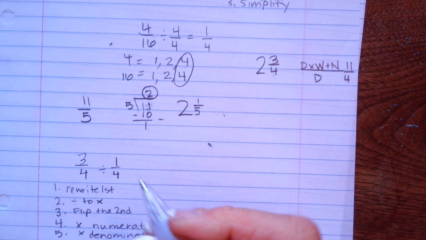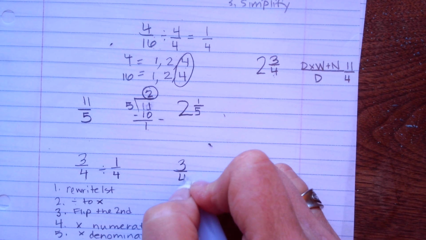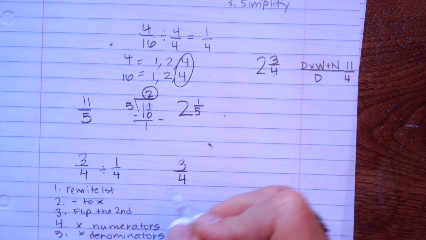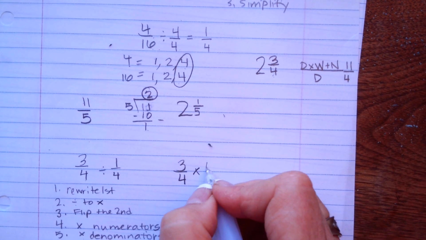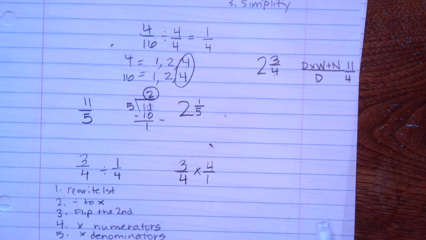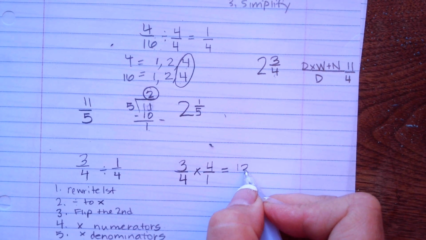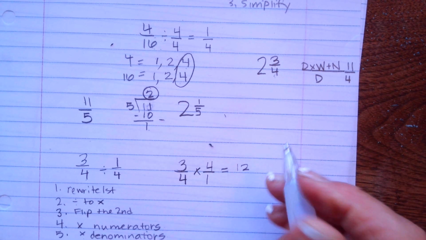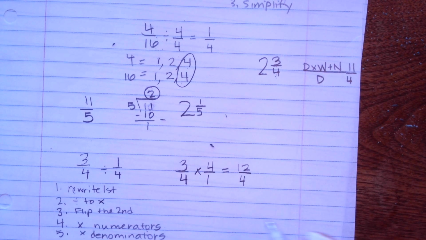So here's what it looks like. You rewrite the first fraction. You change the division to a multiplication, and you flip the second fraction. Then you multiply the numerators. 3 times 4 is 12. Then you multiply the denominators, and then you simplify.